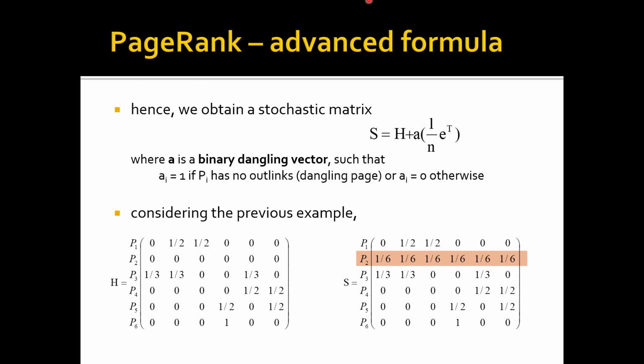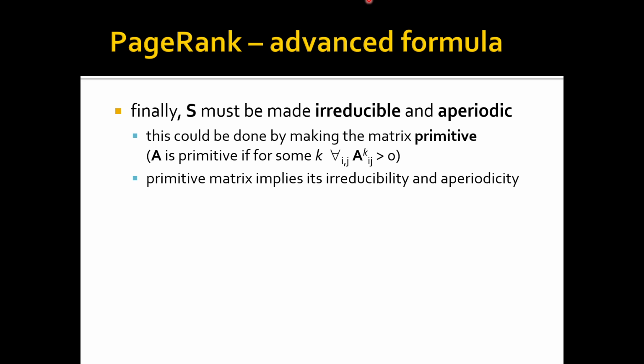Now the matrix needs to be also irreducible and aperiodic. And these two properties could basically be obtained by enforcing a stronger property, that is primitiveness of a matrix. Once we force the matrix to be primitive, it will be also irreducible and aperiodic.